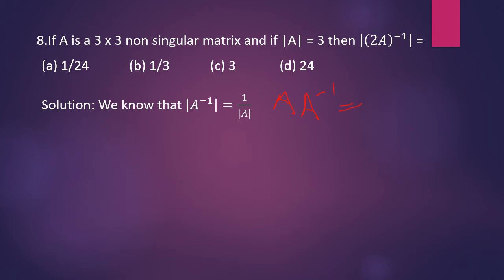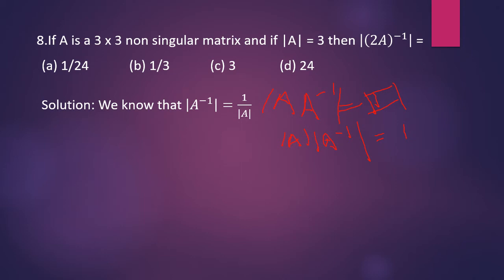If you take determinant on both sides, determinant of A into A inverse is equal to determinant of I. So determinant of A into A inverse is determinant of A into determinant of A inverse, and you know that determinant of I is equal to 1. If you find the determinant of any identity matrix, that is always 1. Therefore, determinant of A inverse is nothing but 1 by determinant of A.